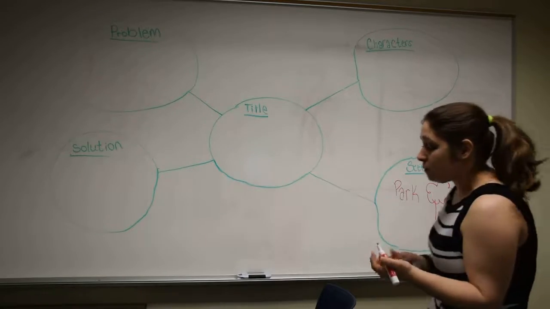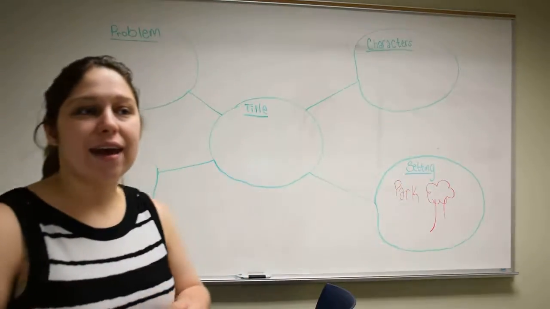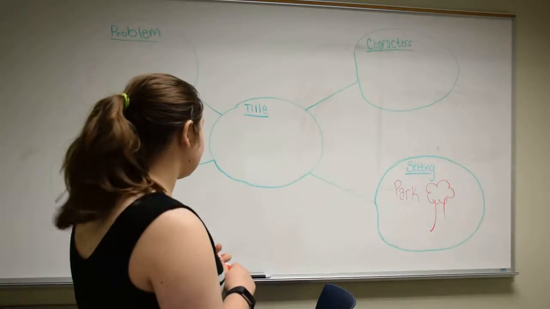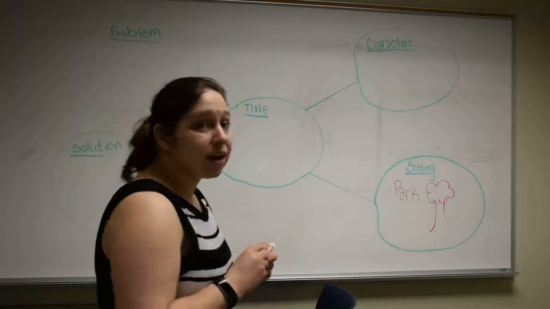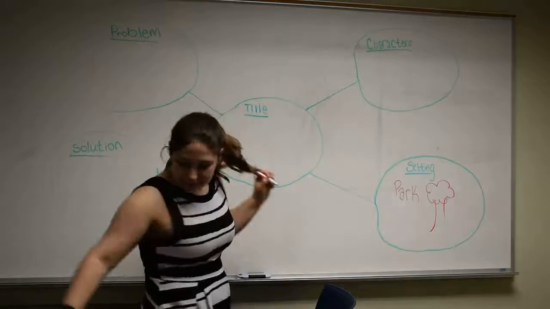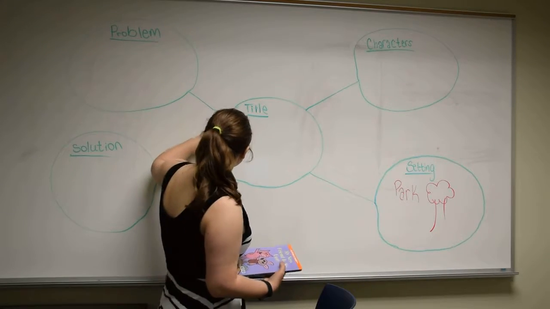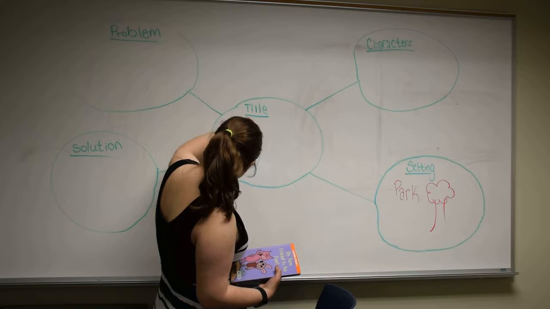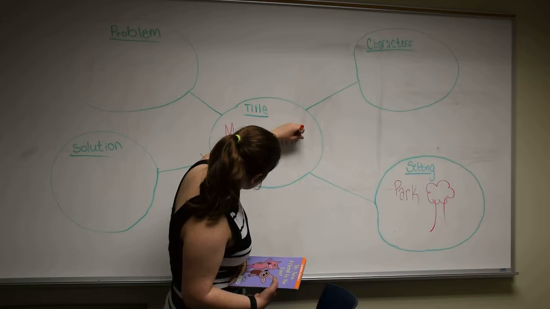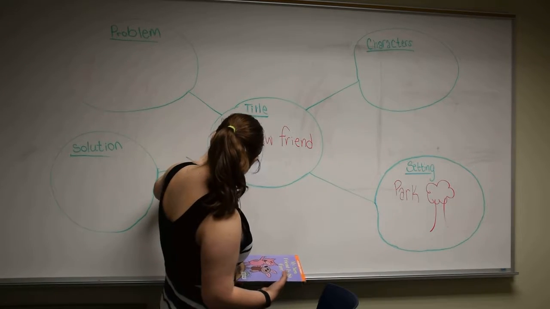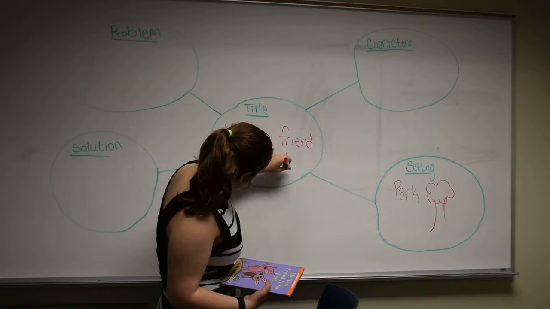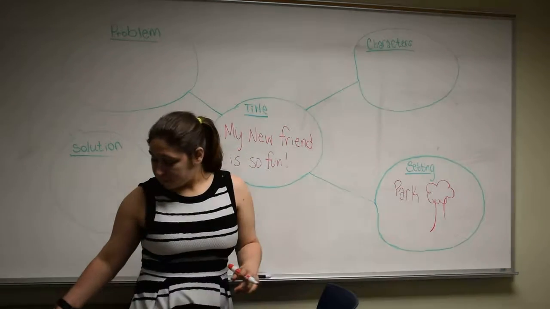Park. Then we're going to take on another aspect of the narrative. Let's say we'll go with the title, which I should have started with first. The title of the book, obviously, is My New Friend is So Fun. So that's pretty easy.